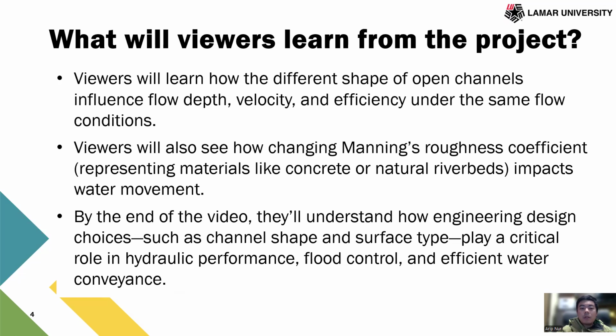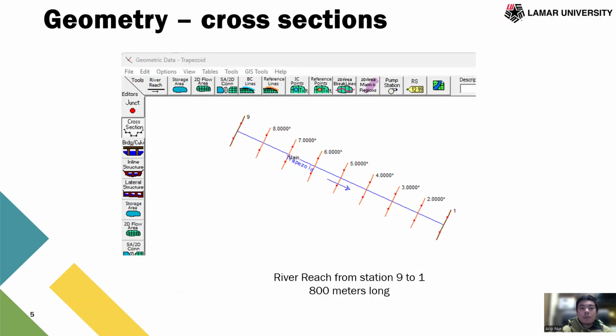And by the end of the video, I hope the viewers can understand how engineering design choices such as channel shape and surface type play a critical role in hydraulic performance, flow control, and efficient water conveyance.